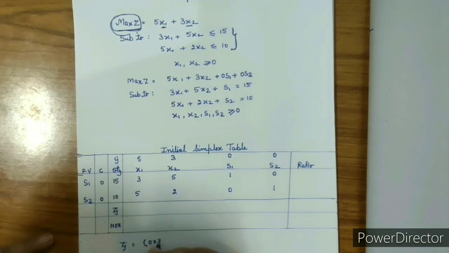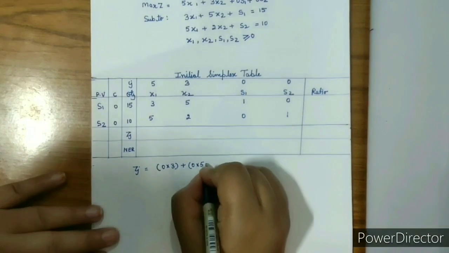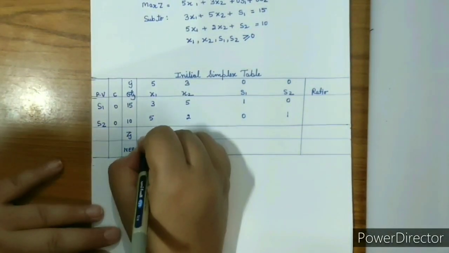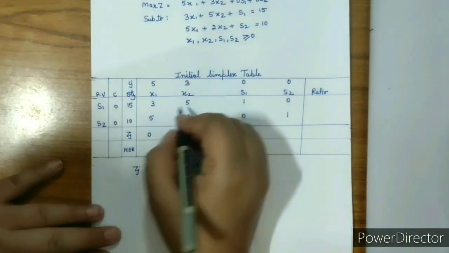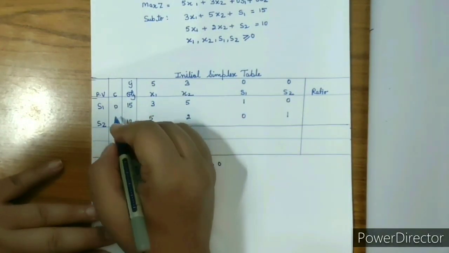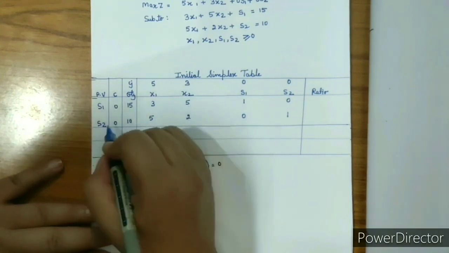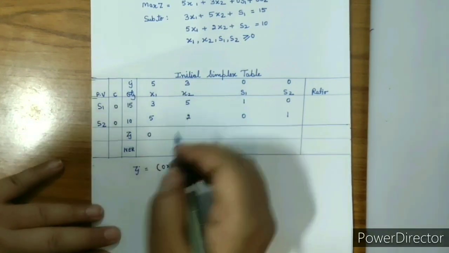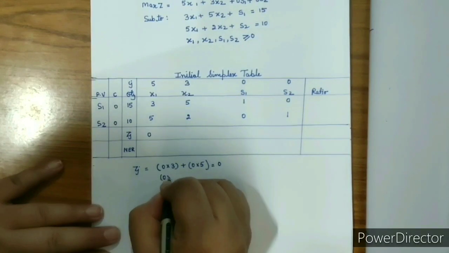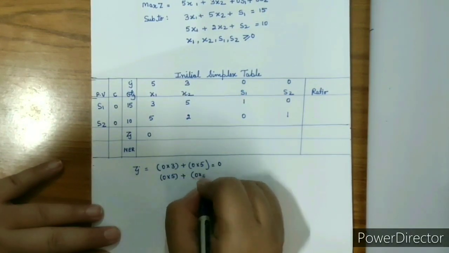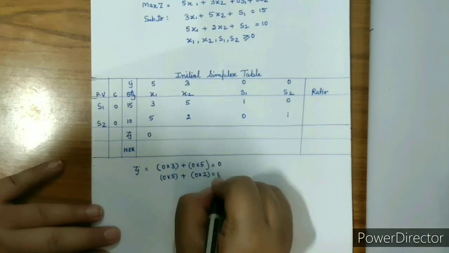Like this, ZC equals 0 into 3 plus 0 into 5. The value will be 0, so we write 0 here. For the second column, the contributions are 0 and 0, so 0 multiplied by 5 plus 0 multiplied by 2 equals 0.